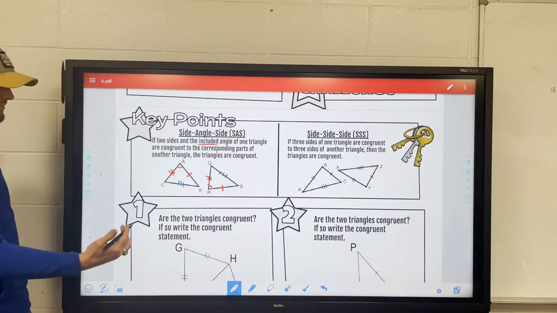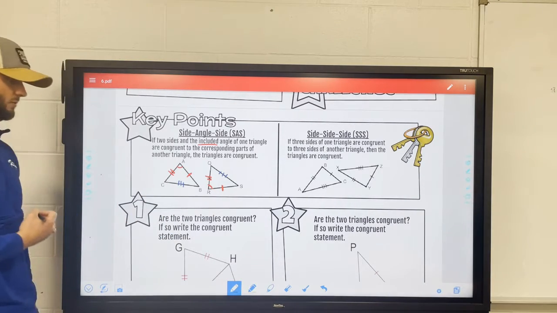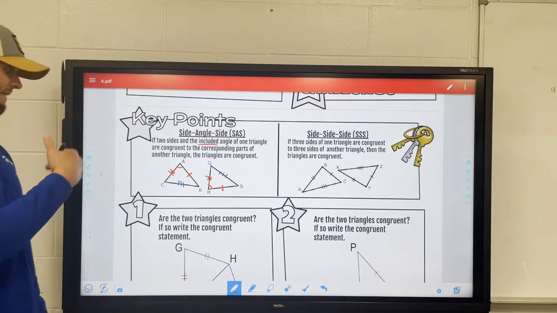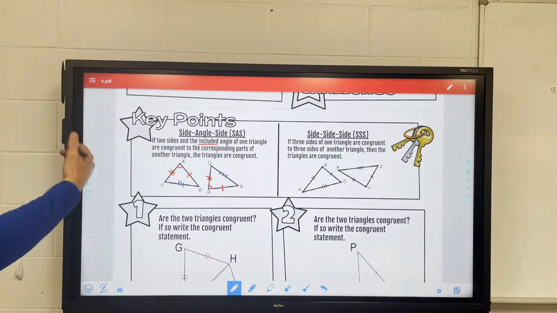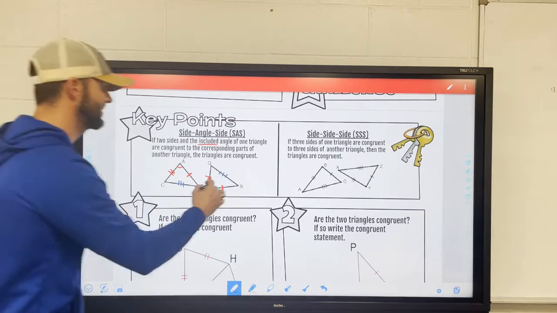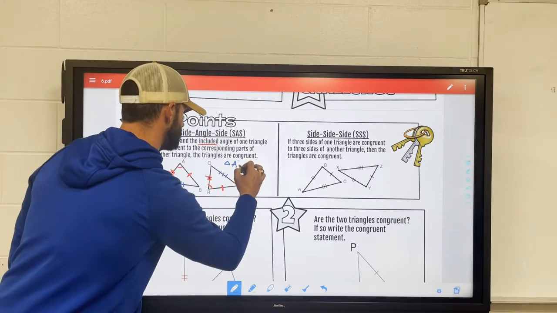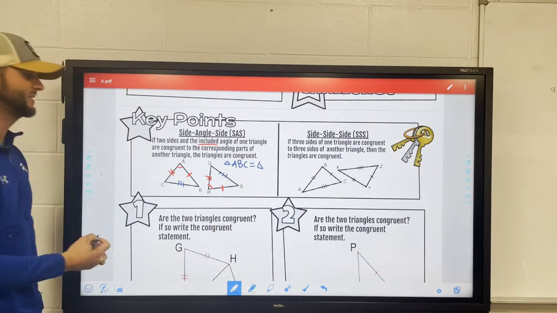And then that means the same thing. So angle B and S and C and Q would also be congruent because the two triangles are congruent to each other. So if I was to actually write the congruent statement, meaning the congruent triangle statement, I would then say triangle ABC is going to be congruent to triangle, and then I need to list out the same thing.